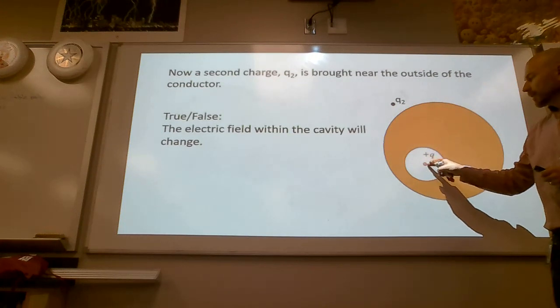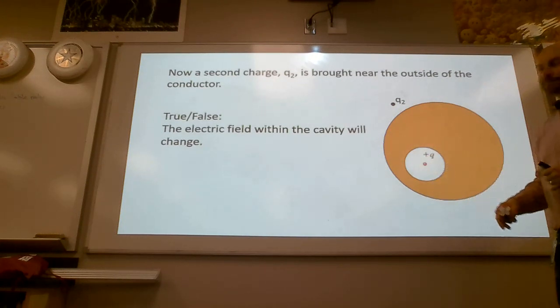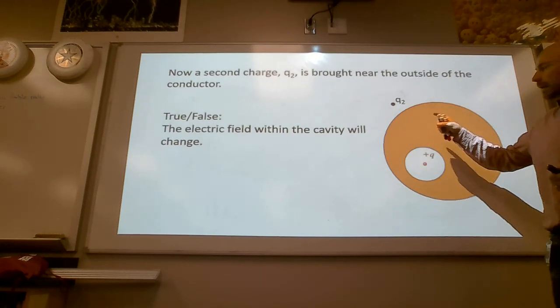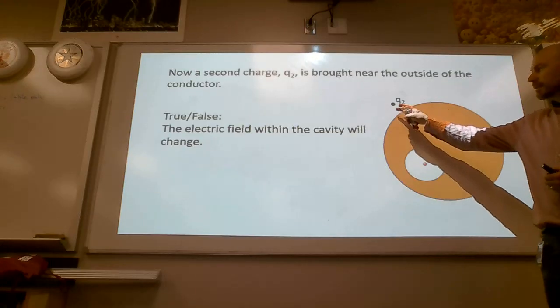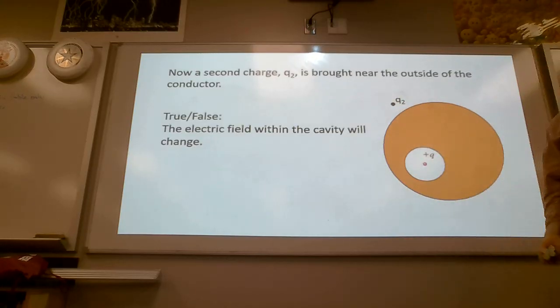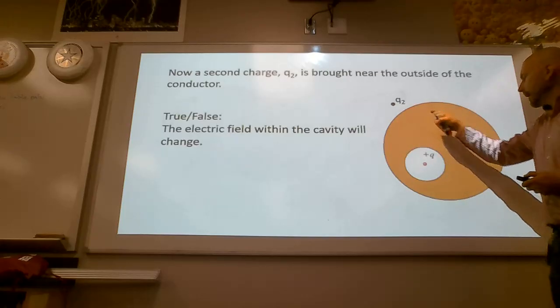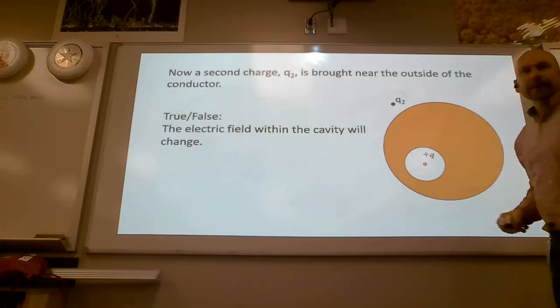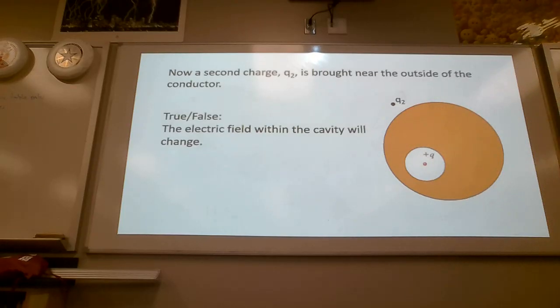So this one produces its own electric field, but is unaffected by the electric field produced by this one, because this outer surface negated stuff on the inside.